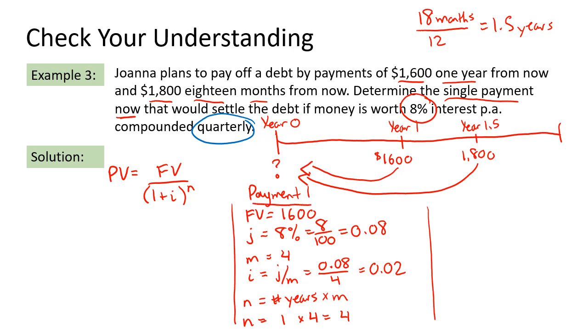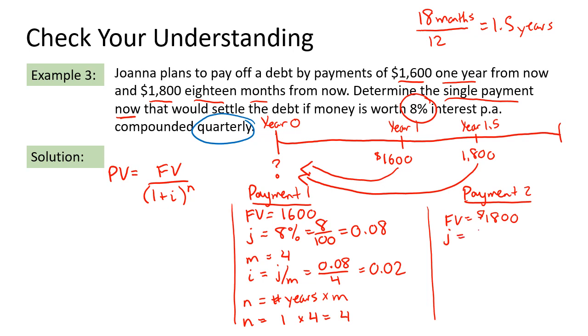Okay. For our payment number 2, our future value is equal to $1,800. And you'll notice, all right, because we have the same interest rate, okay, and the same number of compounding periods per year, they're both quarterly, those values are going to be the same.